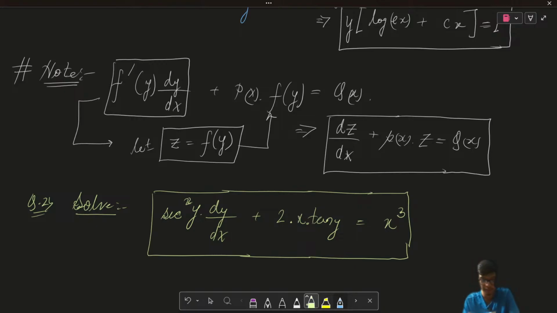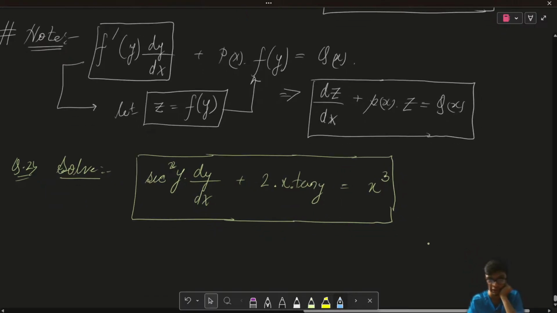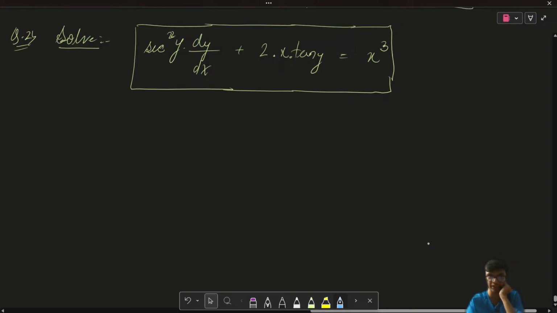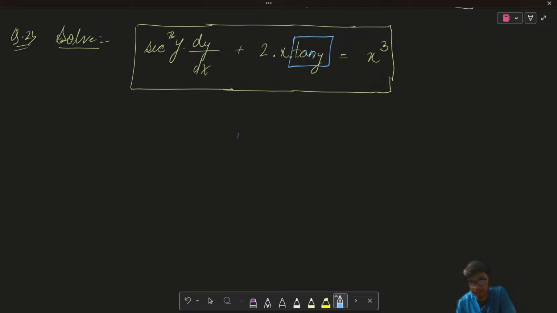Again, in this problem, if you look at it carefully, since you don't have the y term directly over here, if you assume this particular term, tan y, as some value t, then if I differentiate both sides, sec square y into dy upon dx will be equal to dt upon dx.